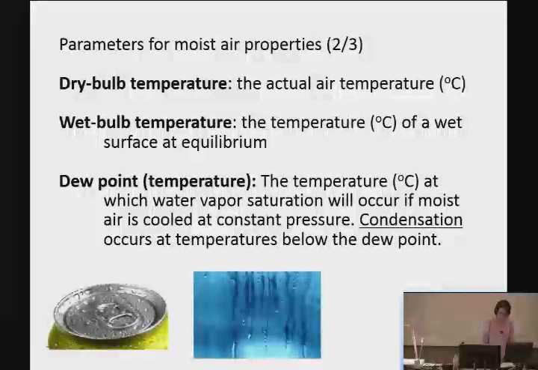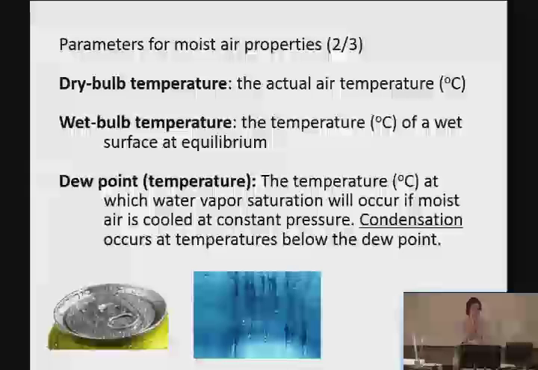One more, actually two more, in terms of terminology. Those terminologies are very important. The first two are important to understand the psychrometric chart. We are doing an exercise today. Dry bulb temperature and wet bulb temperature.